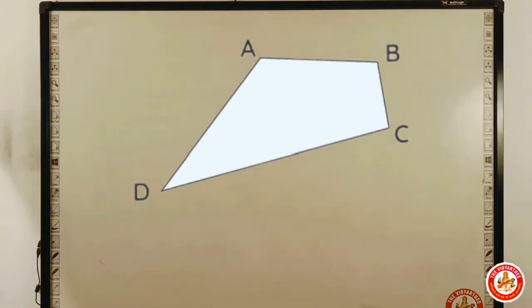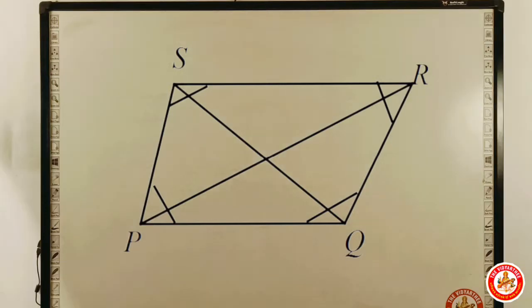Suppose you take a quadrilateral PQRS, you can see very clearly what the vertices are. The angles made at the vertices are angle P, angle Q, angle R, angle S, and the sides will be PQ, QR, RS, and SP. So this is how a quadrilateral looks like.